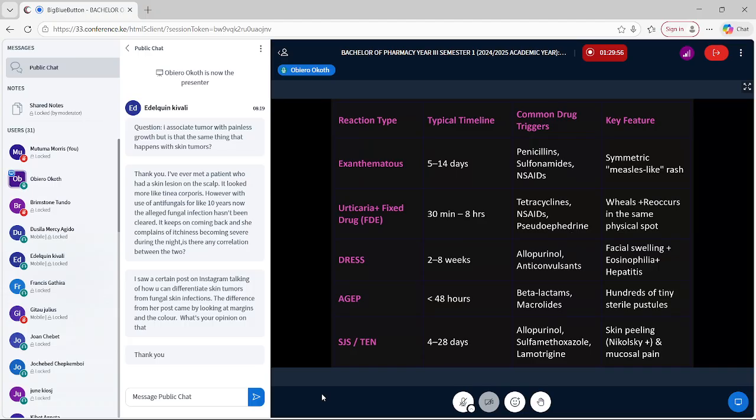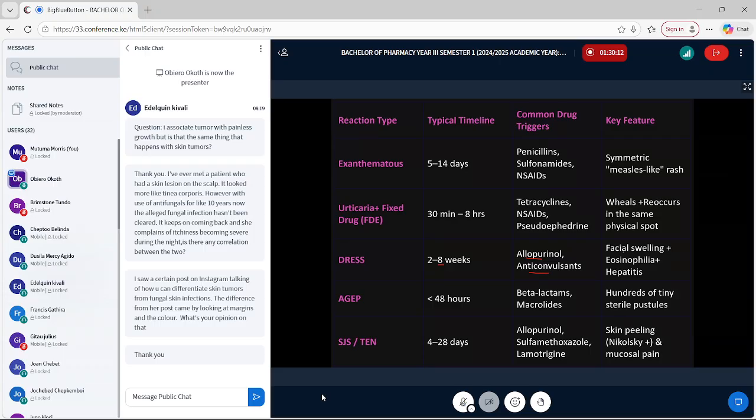It can have wheals, or you can have the reaction with eosinophilia and systemic symptoms, the systemic syndrome. 2 to 8 weeks, you can see the timeline. We see this again with allopurinol, the one we use for gout, a uricosuric, and also for tumor lysis syndrome.